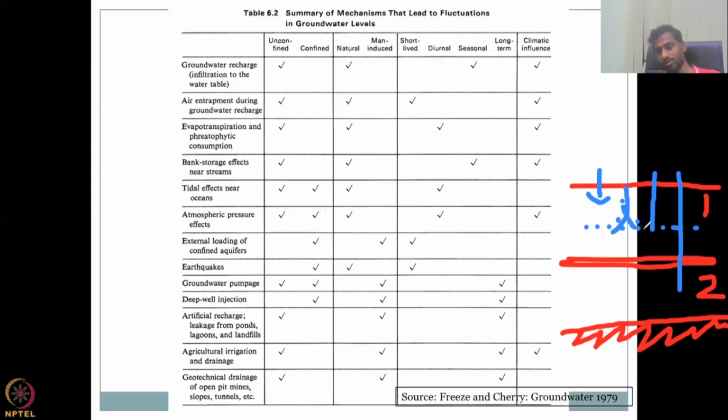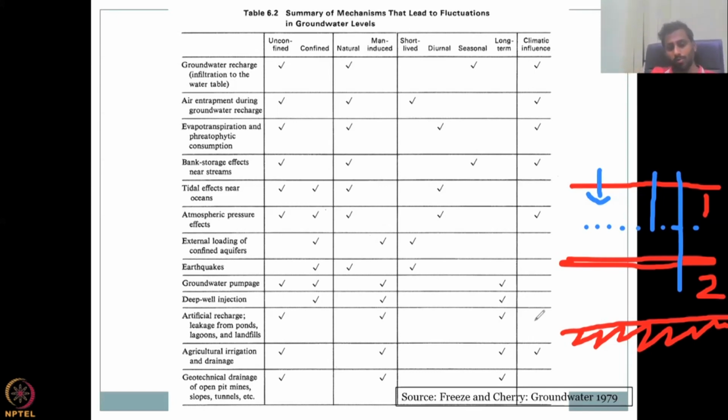The plant roots will only grow to here. It doesn't grow much, right? It is man-made because agriculture is not a natural process. Forest and other things are natural processes. And then it is also long-term like pumpage, etc. Whatever is human-induced has a long-term impact. It can be influenced by climate because the climate factors influence how the plant grows.